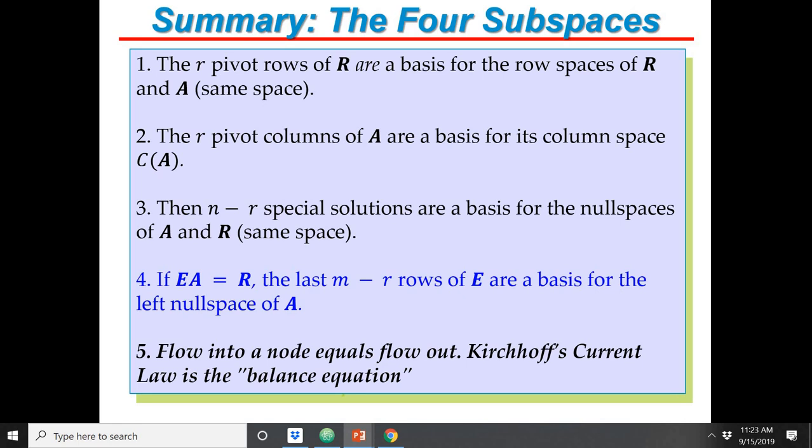And somehow we managed to bring some physics in, and see that this left null space was very much related to a balance equation, in this particular case Kirchhoff's current law, stating that the net currents in a node in a circuit are equal to 0.